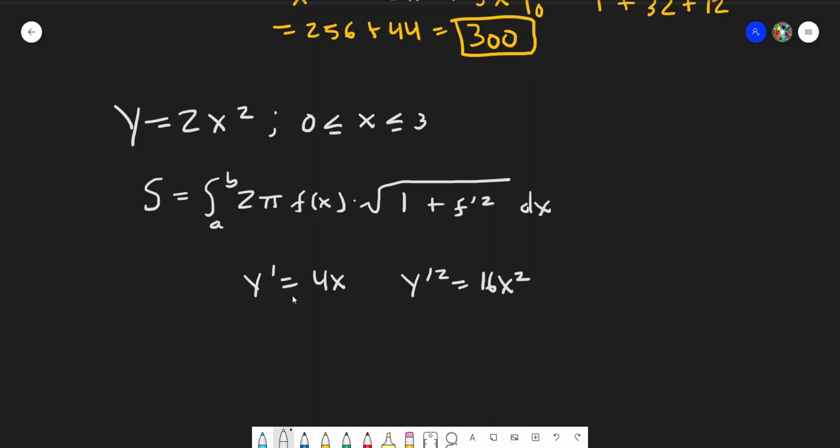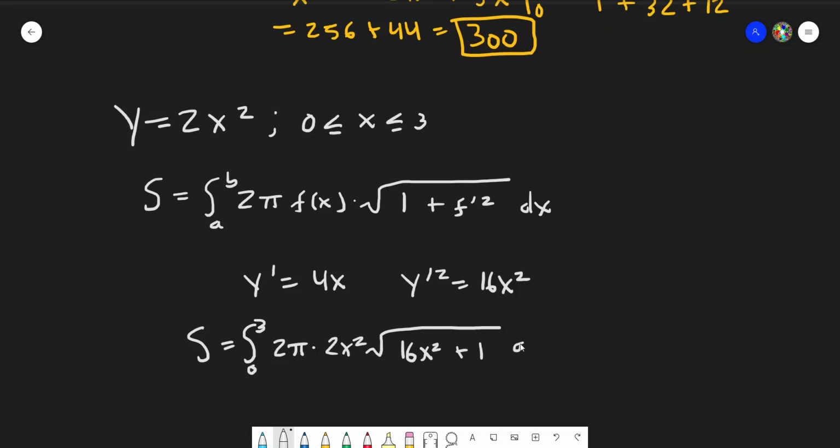Then from there, you plug in, and the surface area from 0 to 3 is 2 pi multiplied by 2x squared, then the square root of 16x squared plus 1 dx.